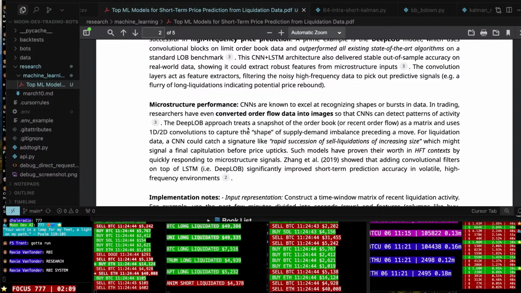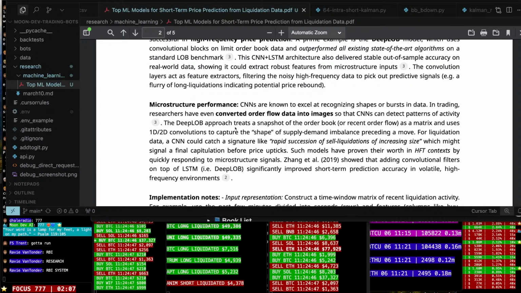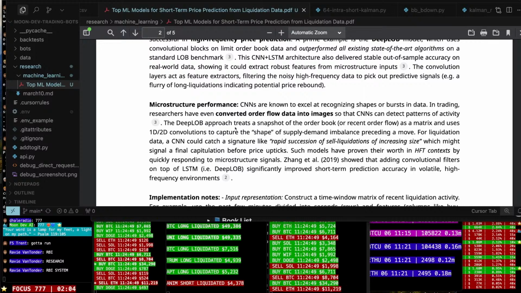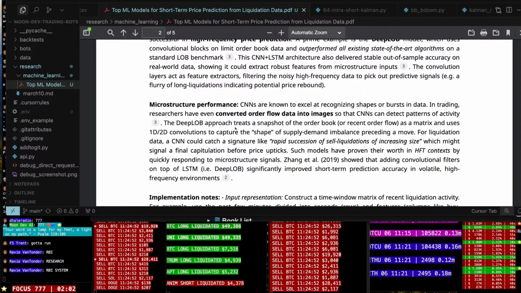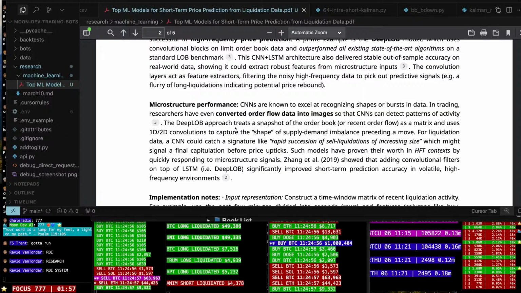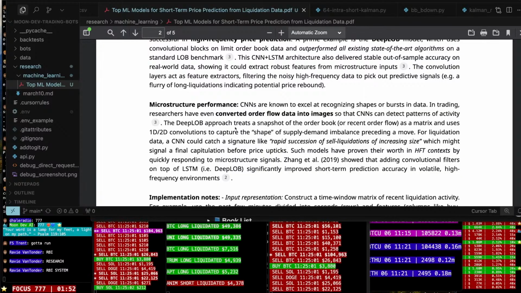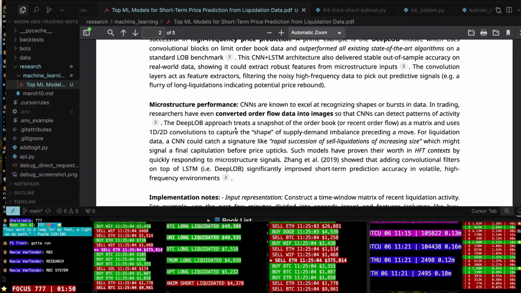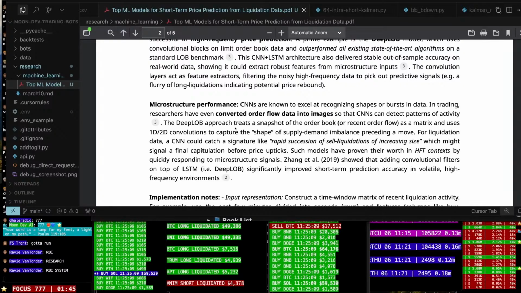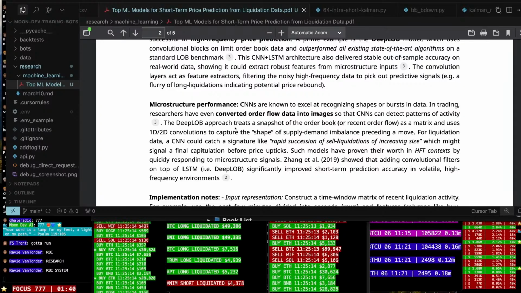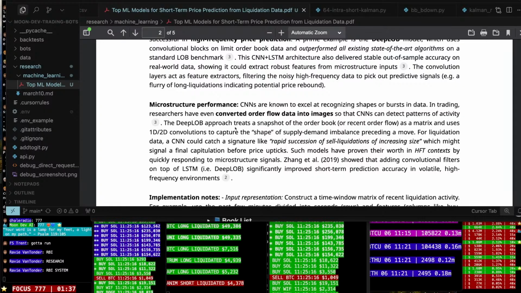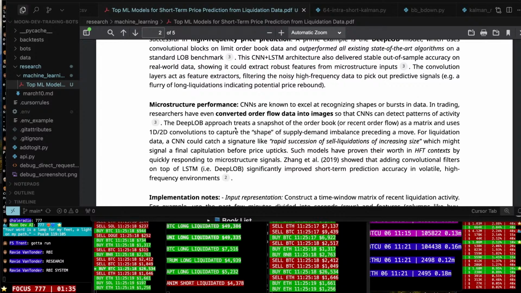The DeepLOB approach treats a snapshot of the order book or recent order flow as a matrix and uses 1D, 2D convolutions to capture the shape of supply-demand imbalances preceding a move. For liquidation data, a CNN could catch a signature like a rapid succession of sell liquidations of increasing size, which might signal a final capitulation before price upticks.